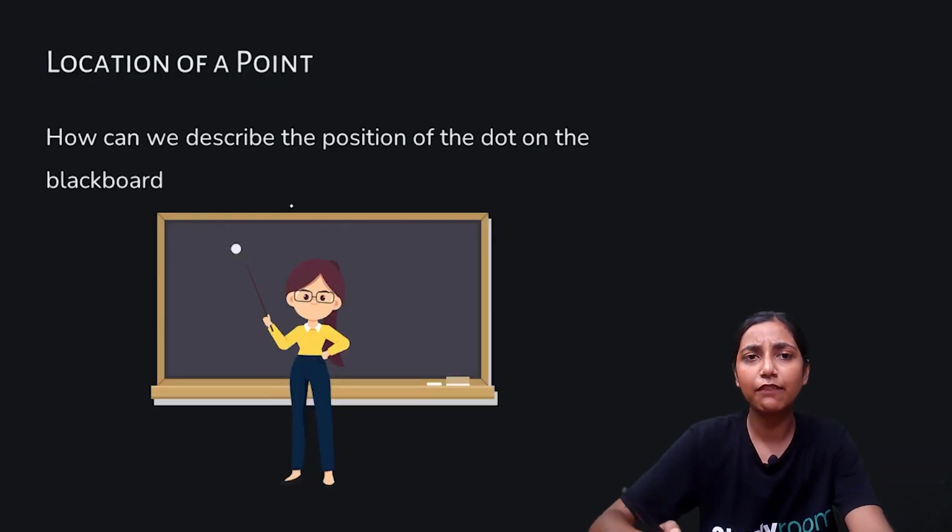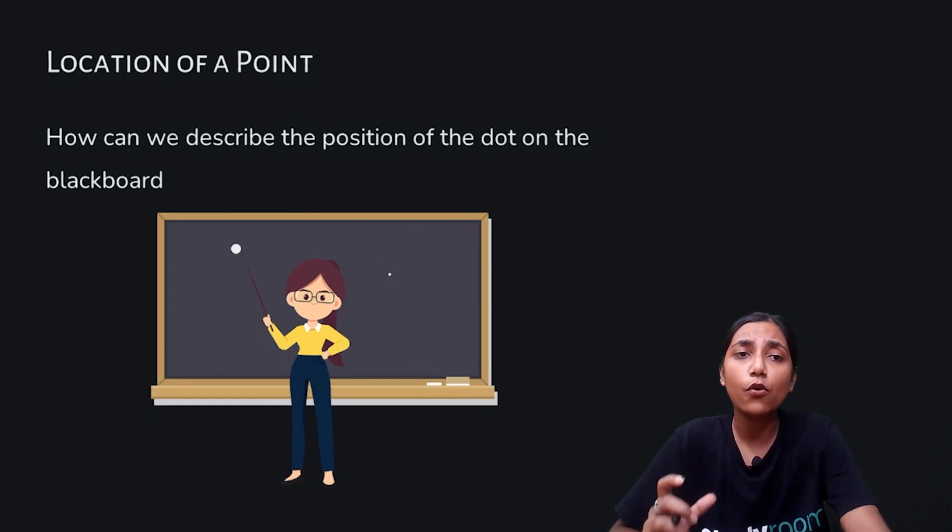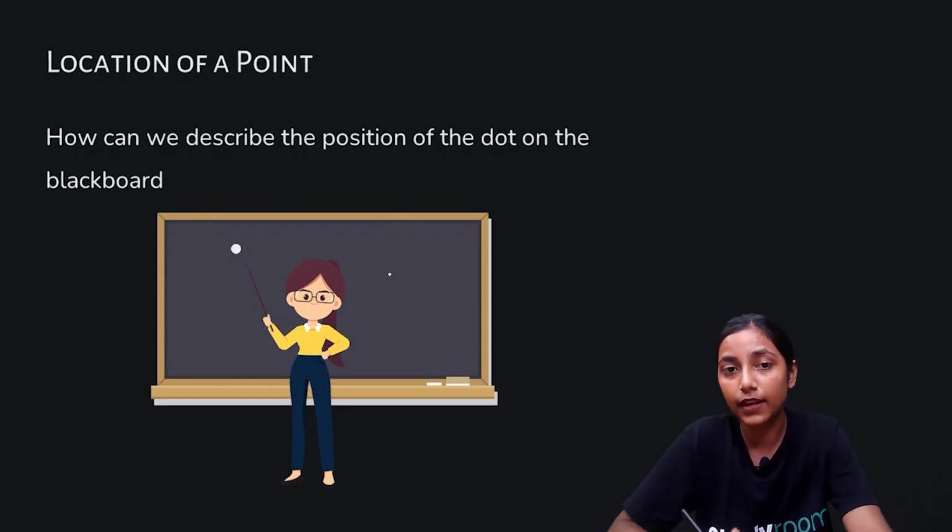So first of all, we have the location of a point. How do you locate a point? Here the teacher has made a dot on the blackboard and she is asking how we can describe the position of this dot on the blackboard.